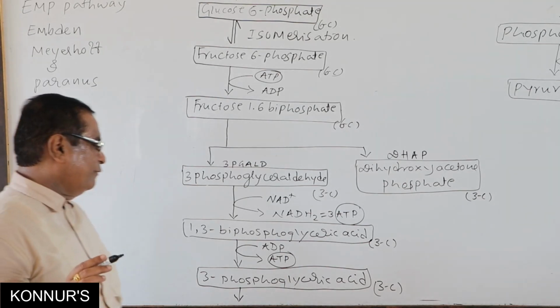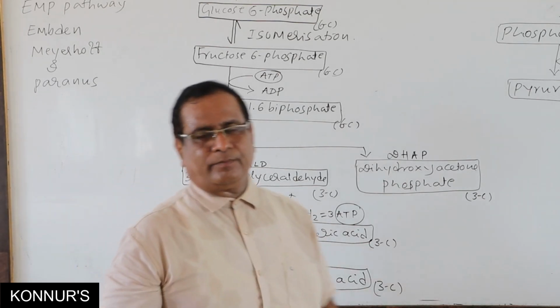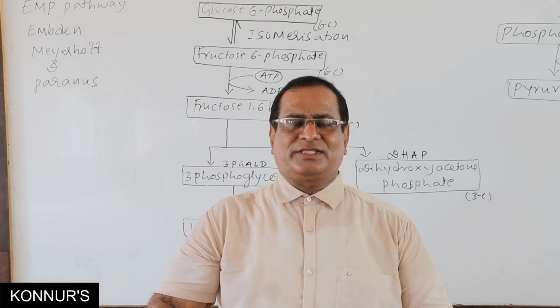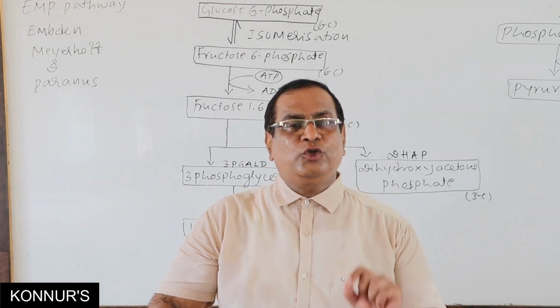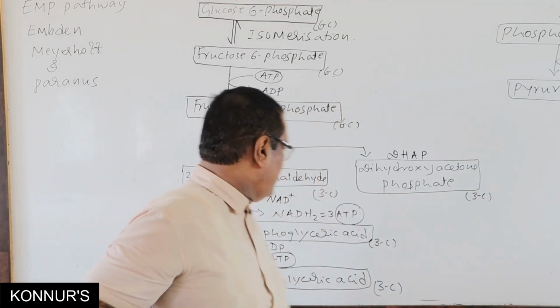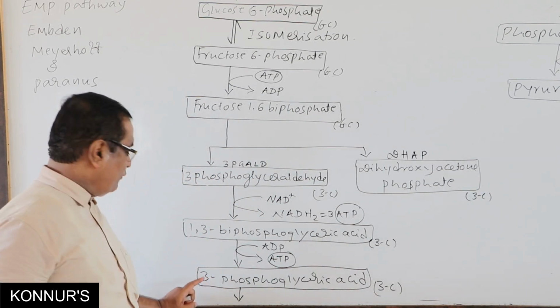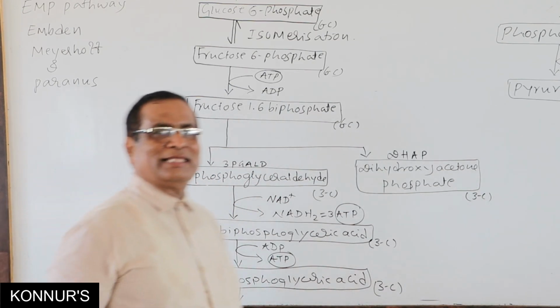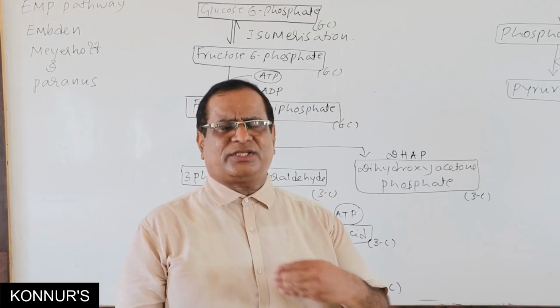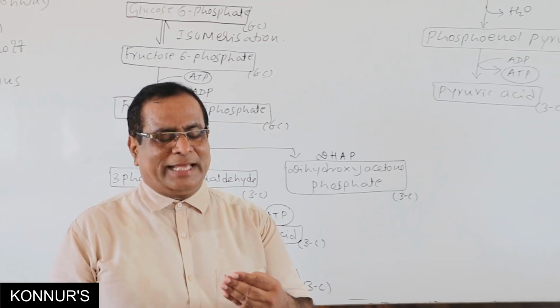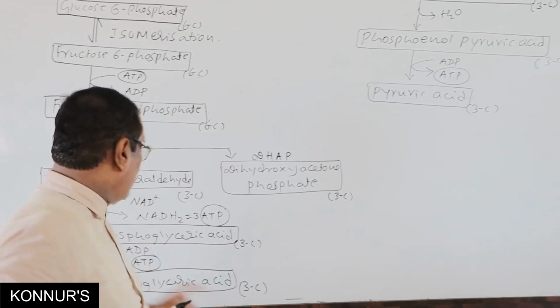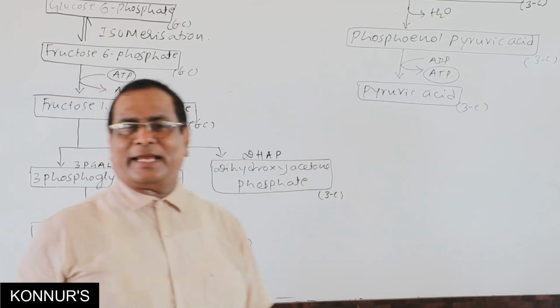Now this 3-phosphoglyceric acid mutually exchanges its phosphate group from the third carbon to the second carbon. Just a shifting of that phosphate from the third carbon to the second carbon.